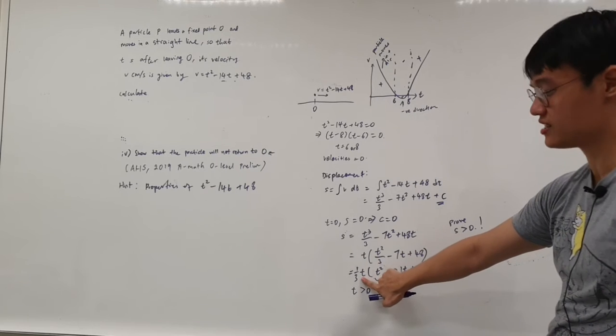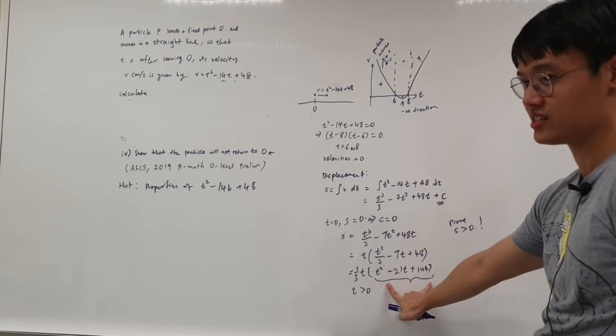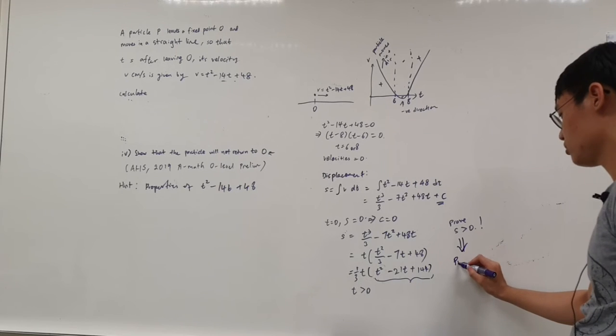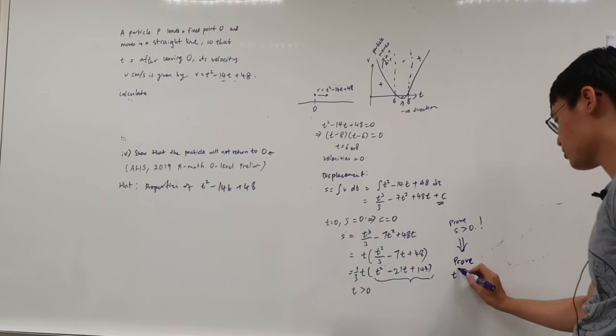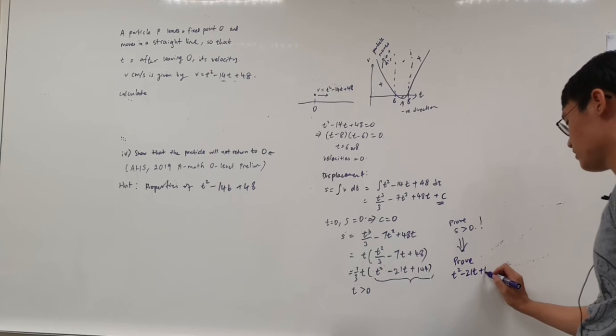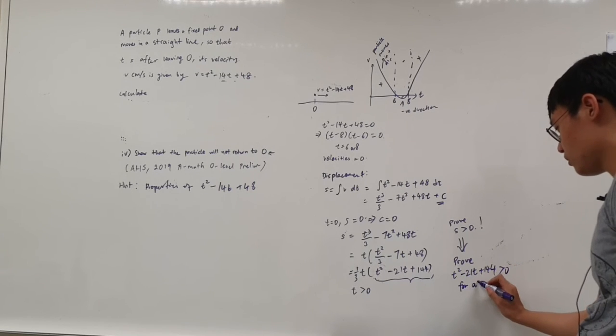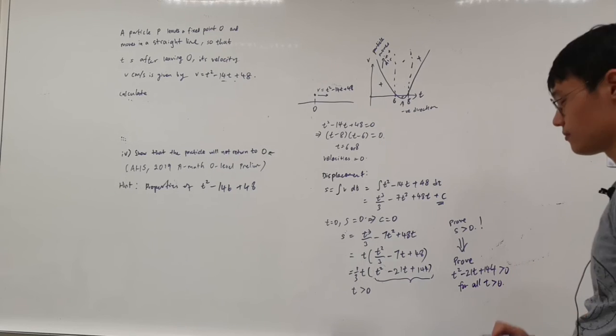But t is already larger than 0, so we have reduced the problem to proving that t squared minus 21t plus 144 is larger than 0 for all t larger than 0.